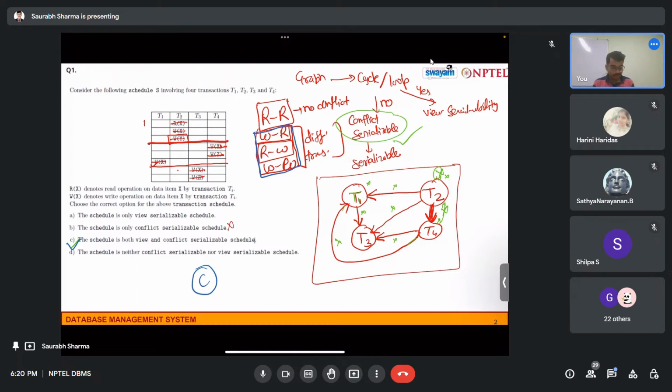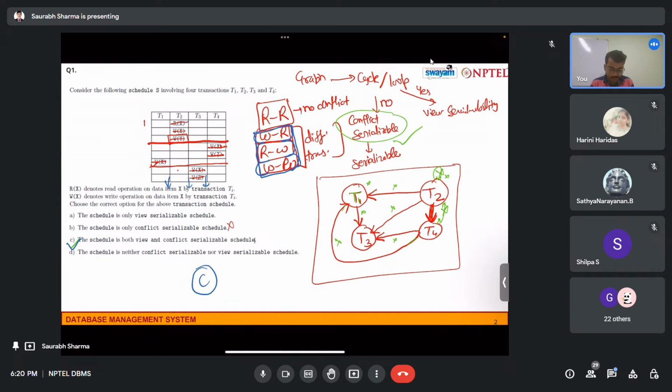Conflicting pairs are these three kinds of operations occurring together. If there is a write in one transaction, we get a read in another. If there is a read, there is a write in another transaction. If there is write and write. Consider this as a timeline. First we execute T2 because Rx is there.